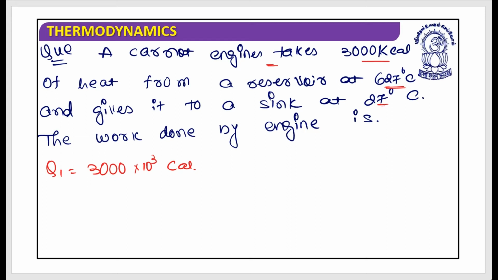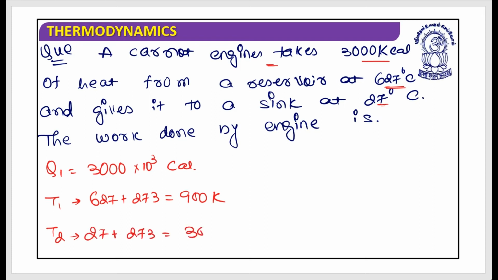The reservoir is at the higher temperature: 627 plus 273, which is 900 Kelvin. And this T2, which we call the sink, is at 27 plus 273, which is 300 Kelvin.